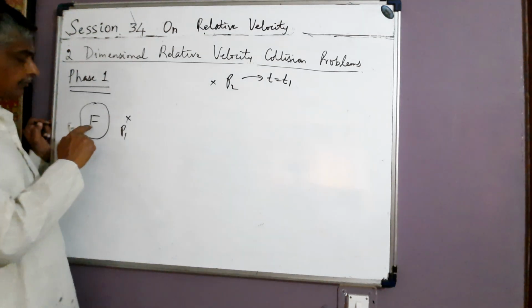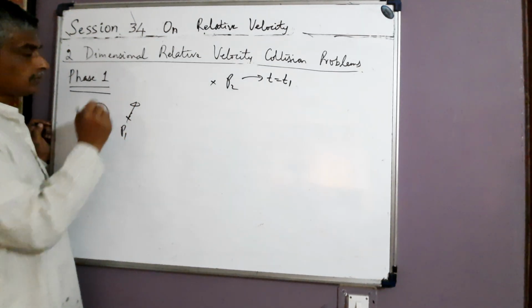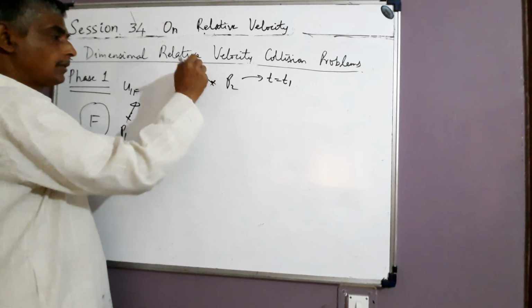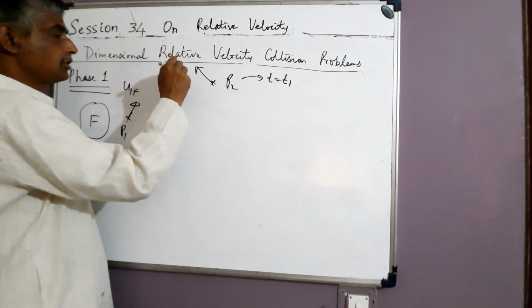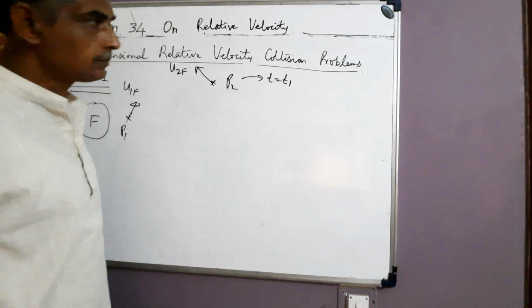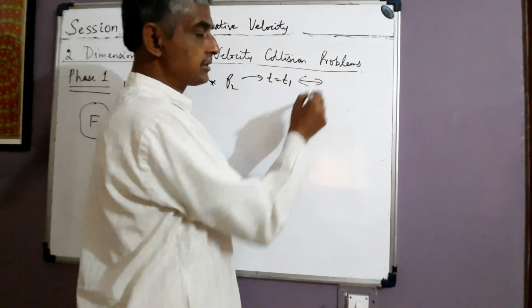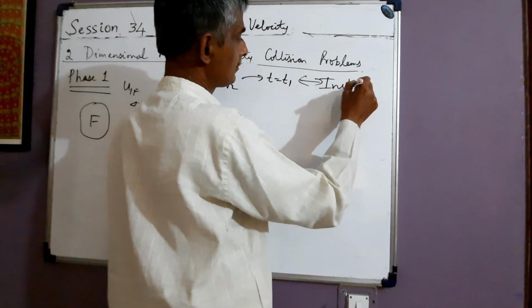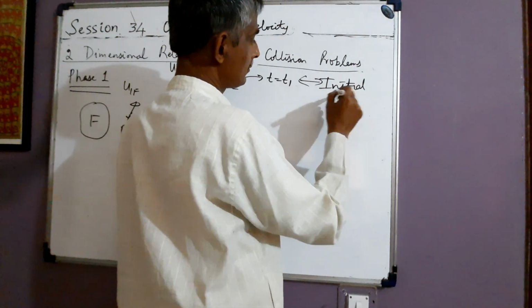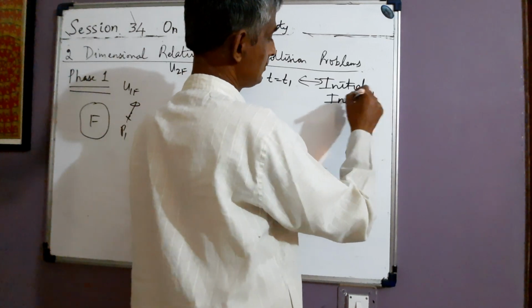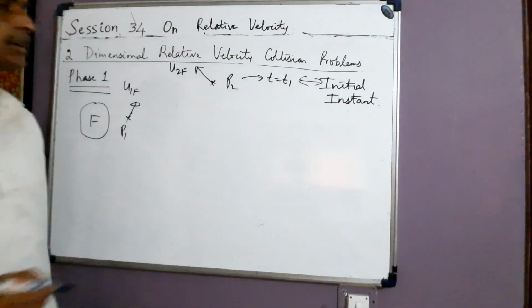At time t1, P1 is moving with some velocity u1f with respect to F, and P2 is moving with some velocity u2f with respect to F at time instant t = t1. This is the initial time instant.